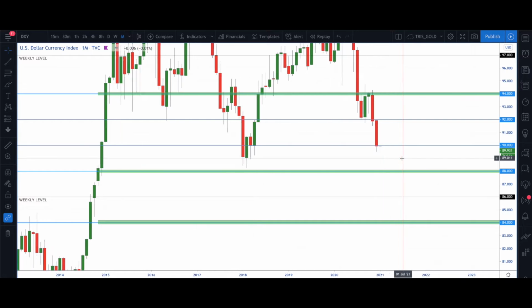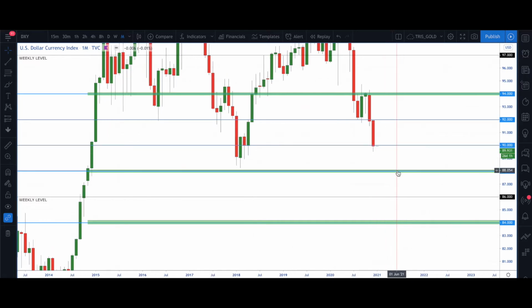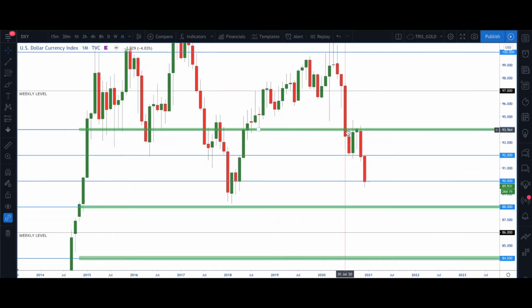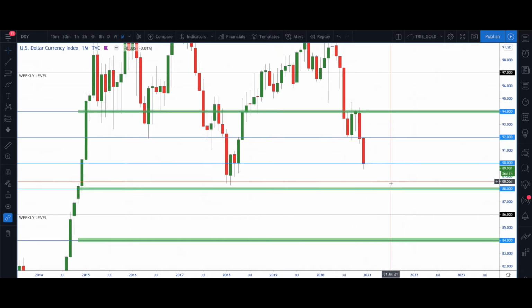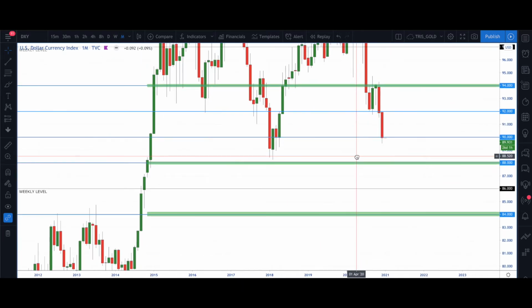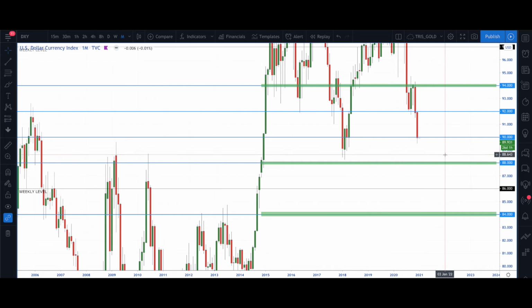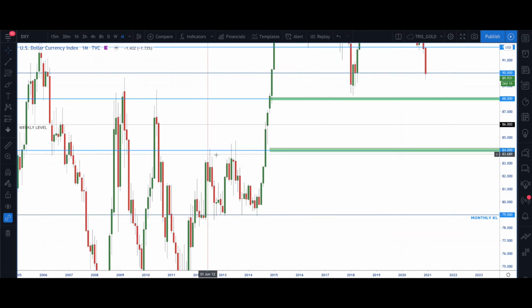The other scenario is that we could just keep falling. As you can see, the dollar index is very, very bearish right now. So it could keep falling to 88, and then we'll have to assess what happens when it gets to 88, if it can keep going down to 86, 84, which is previous levels of resistance on a monthly time frame.